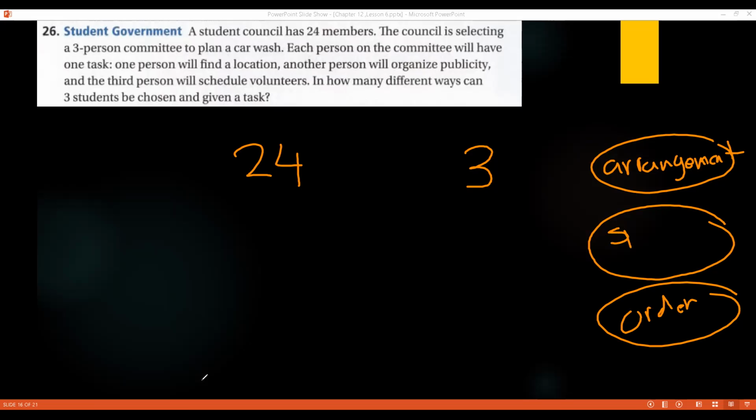And if you have a specific job for each person, as an example, the first one finds the location, the second one schedules the volunteers, the third one does something different. So I make a specific job for each person. So if I give a specific job, that means I have to use the permutation.